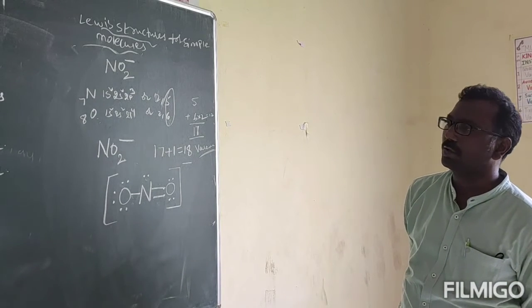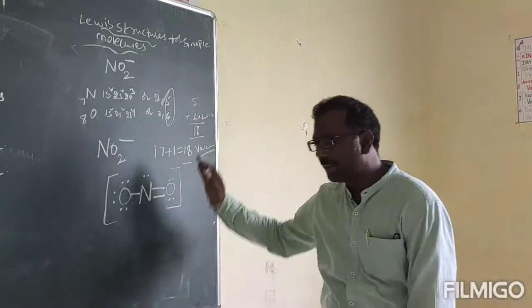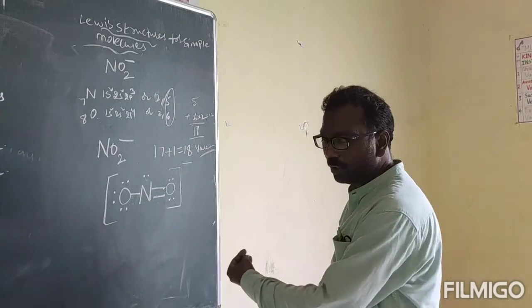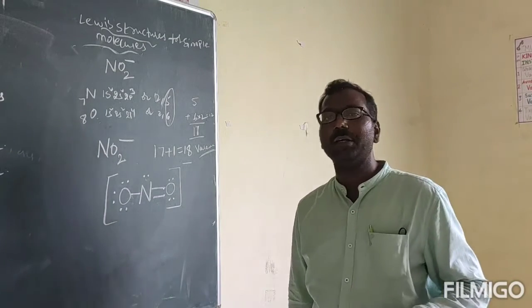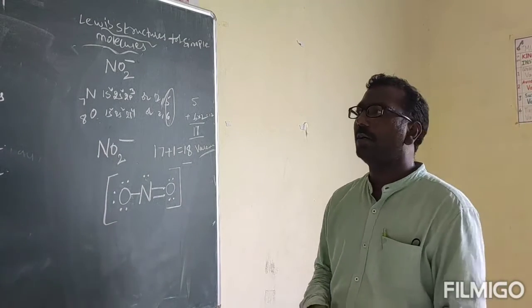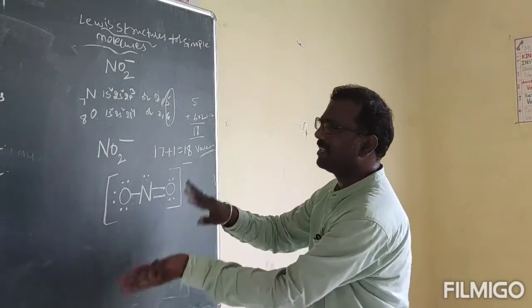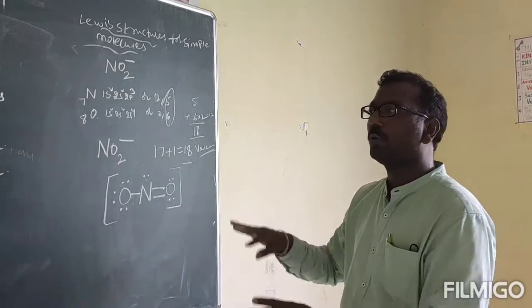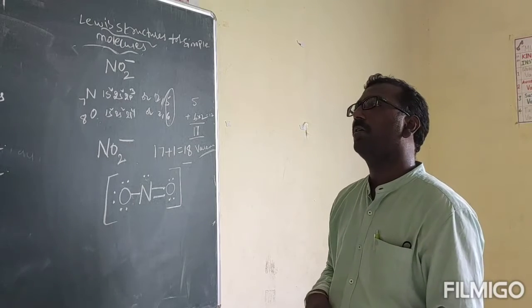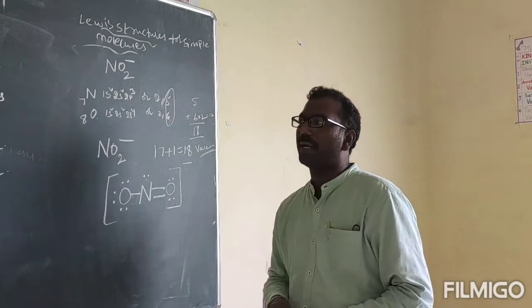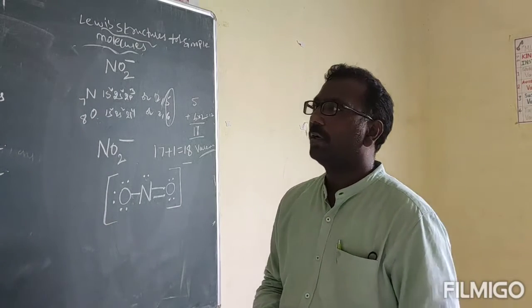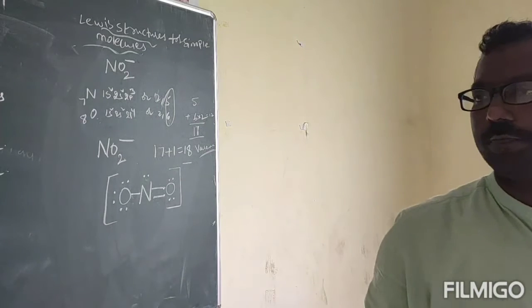Okay. No problem. I will repeat this again for you if you have not understood it. First we will write the main points. After that you can understand very clearly how to draw the Lewis structure. So first, the rules for writing. Note down, all of you.